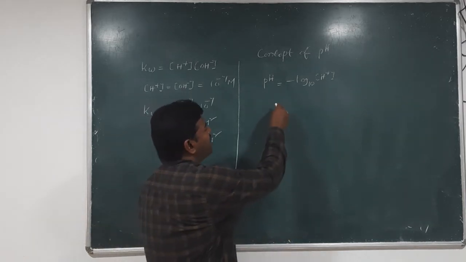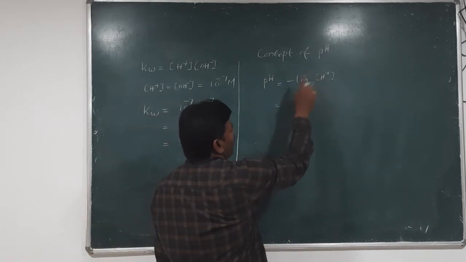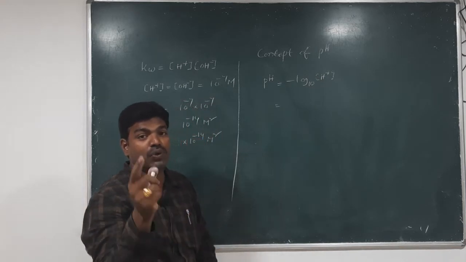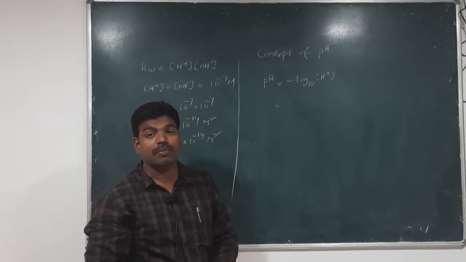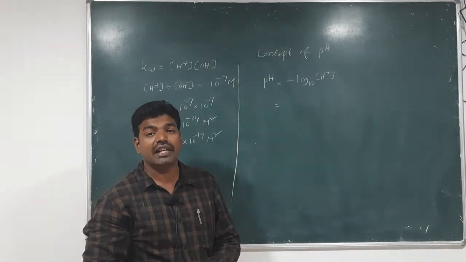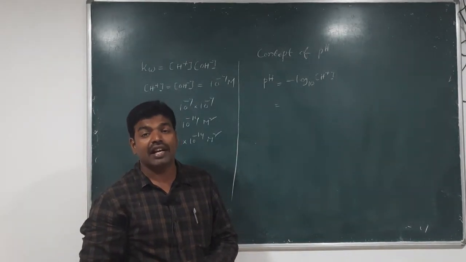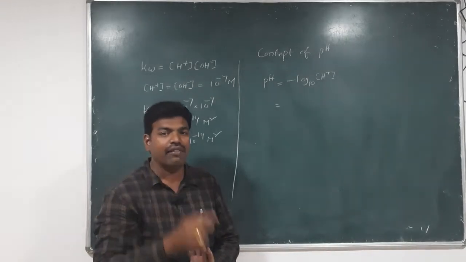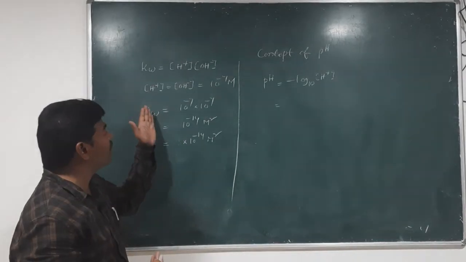And we know that only for pure water, the concentration of H plus ions is 10 to the power of minus 7. We know that value from the ionic product of water.